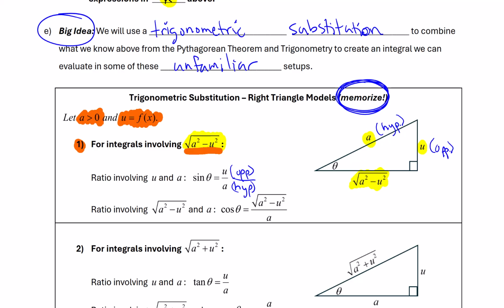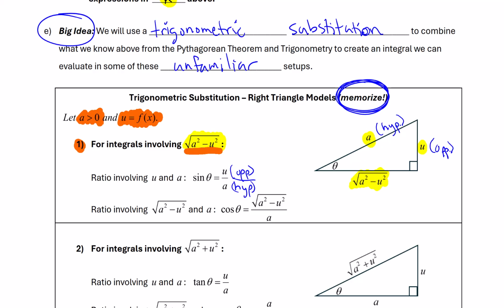Notice in each of these cases we're pairing the expression that involves u with just the side that is a. Okay, you'll see why that becomes useful when we get to the examples. But for ratios involving the square root of a squared minus u squared, remember that's kind of the model we're in right now for integrals involving that expression.